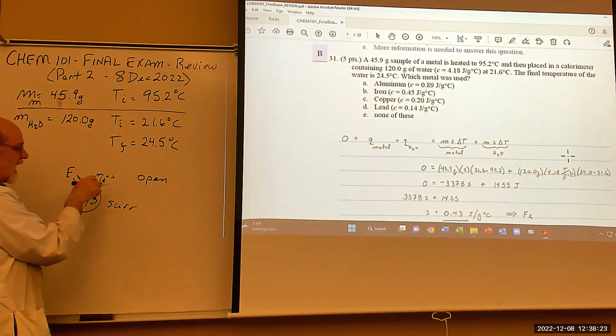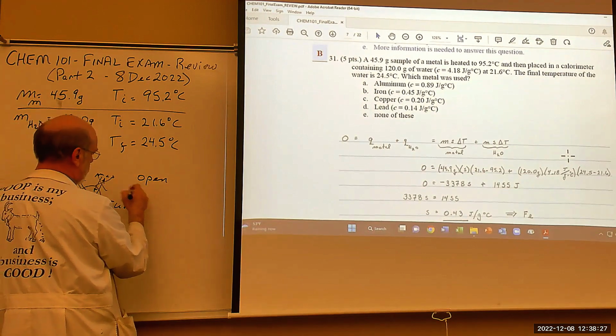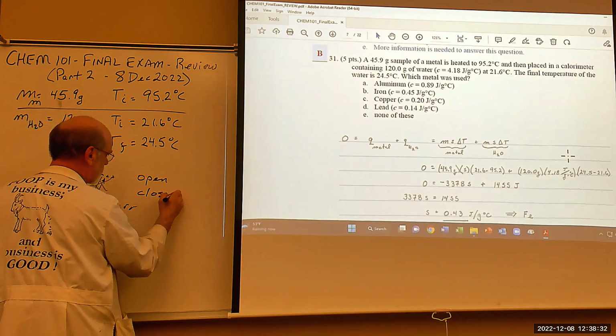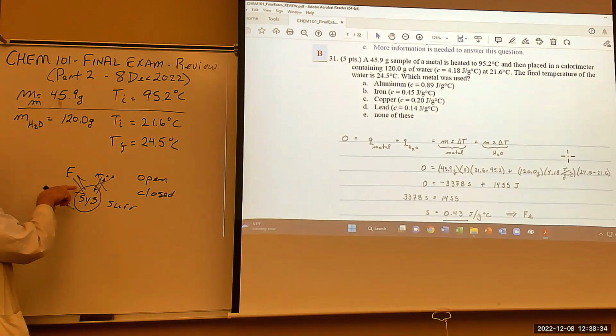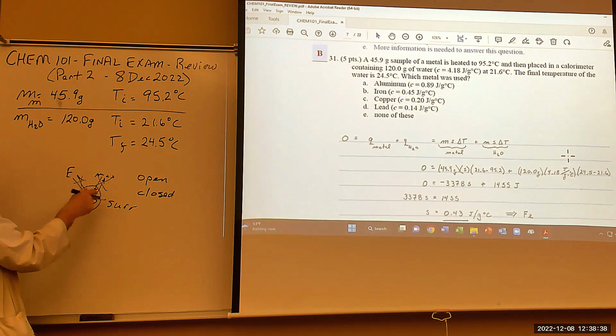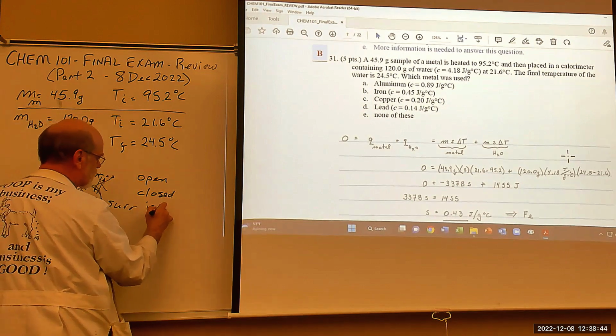If mass cannot go, then you have a closed system. But if your system is such that neither energy nor mass can move across that barrier between the system and the surroundings, then you have an isolated system.